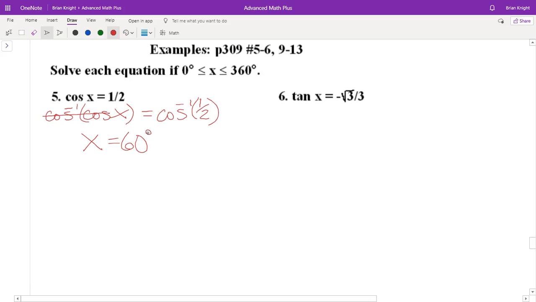Here, I've mentioned it before, you have to remember, all star trig class. This reminds you what trig ratios are positive and in what quadrant they're in. The first one means all of them are positive in quadrant 1. So sine, cosine, tangent, they're all positive in quadrant 1. In the second quadrant, sine is the only one that's positive, which means cosine and tangent must be negative.